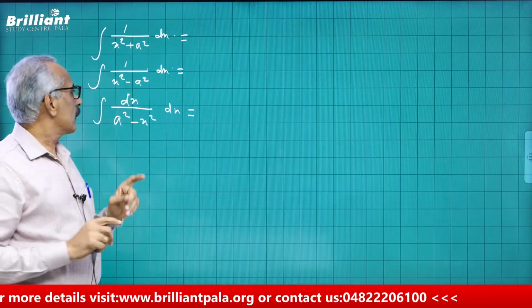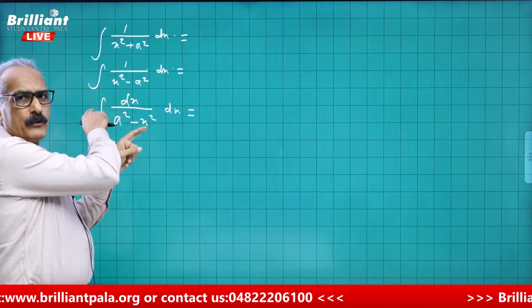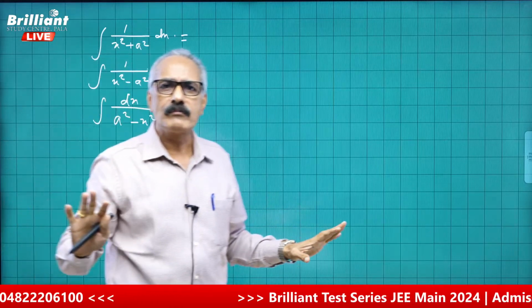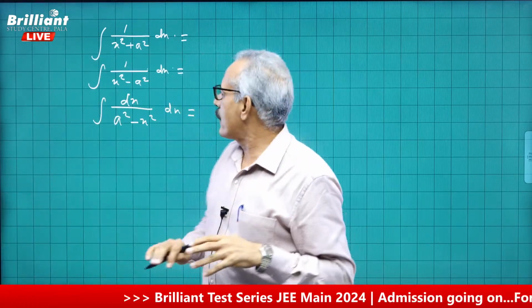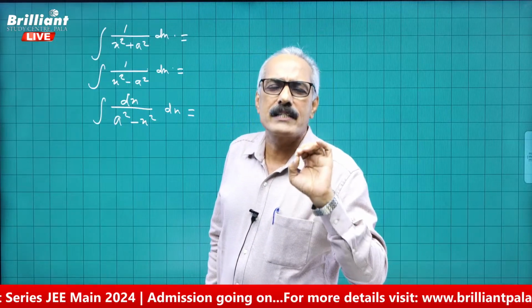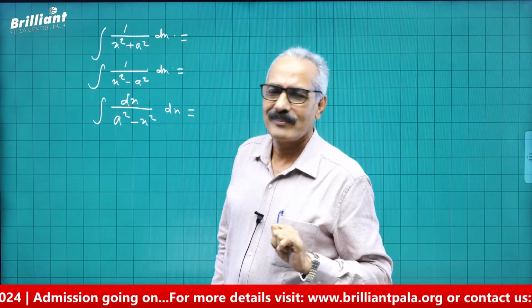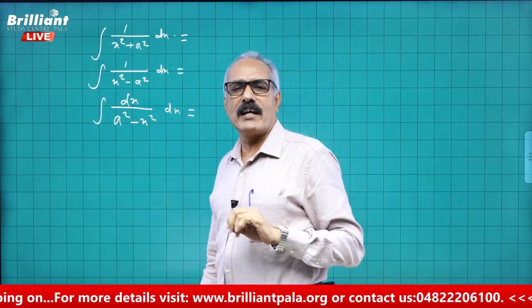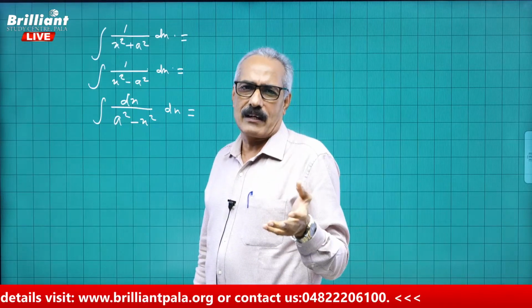Somebody may think, why can't I take a minus sign to this side and apply the same? No problem, it's absolutely right. But there are certain conditions. Whenever I take 1 by x square minus a square, x is greater than a. A square minus x square, if I take, a is greater than x. That's the reason.